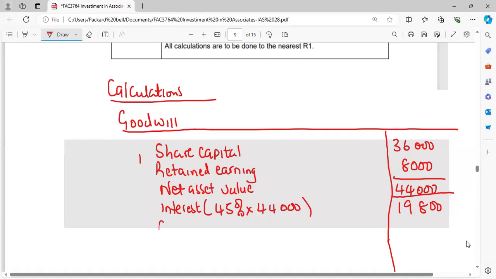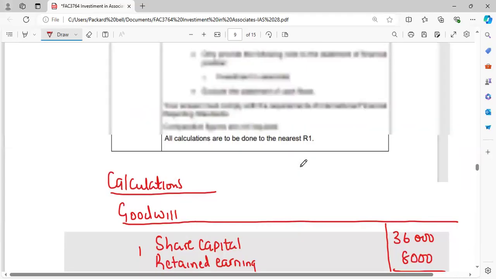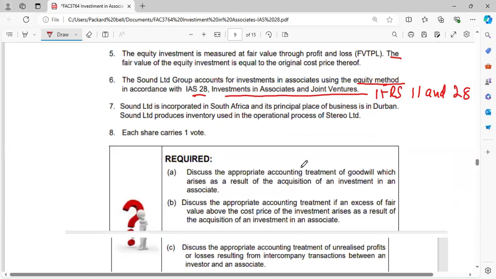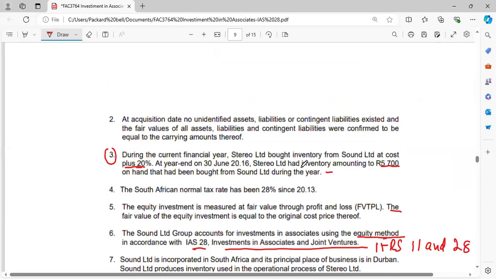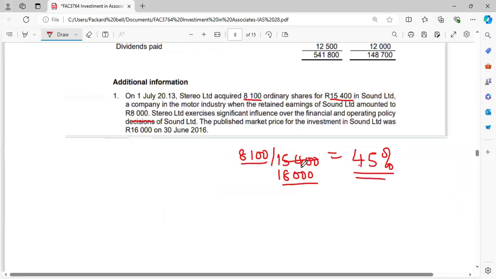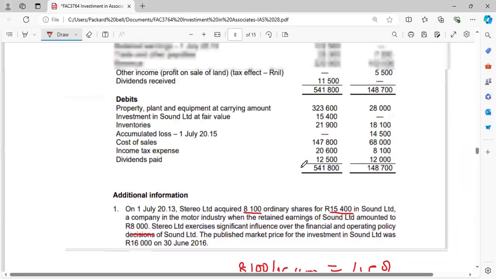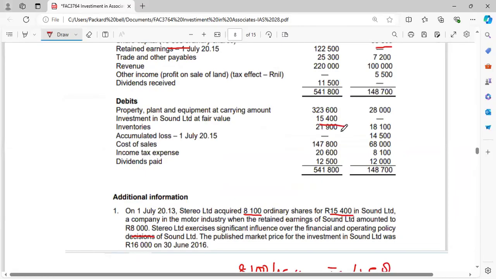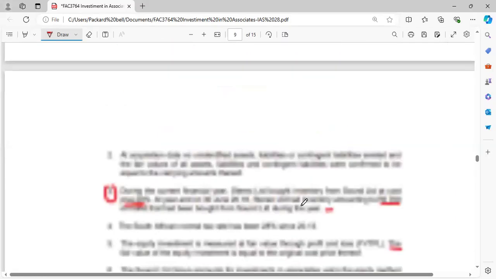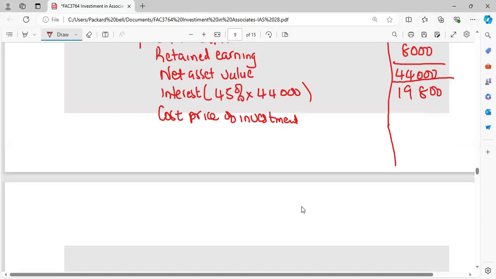Then we have the cost price of the investment, which is 15,400 in Sound Limited.